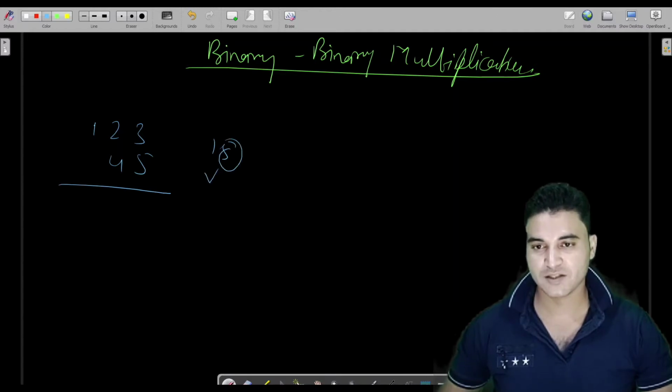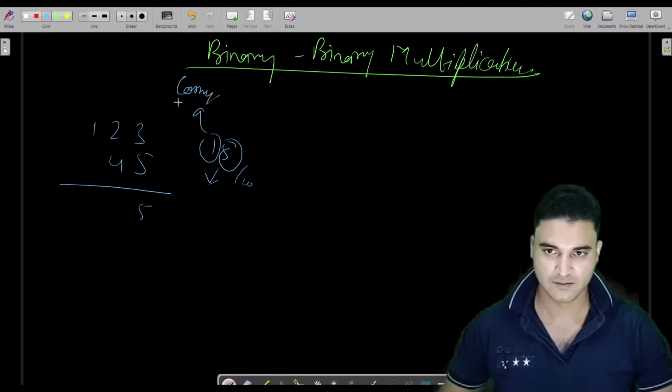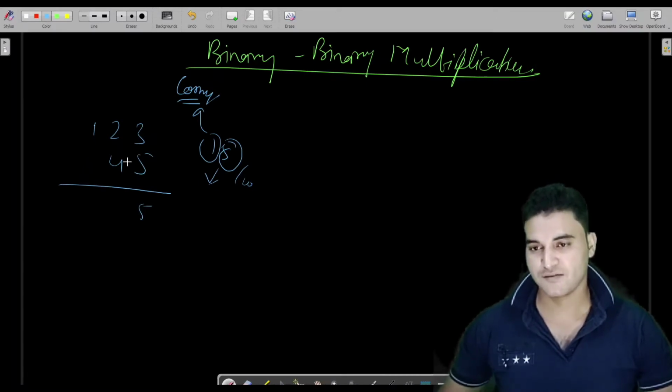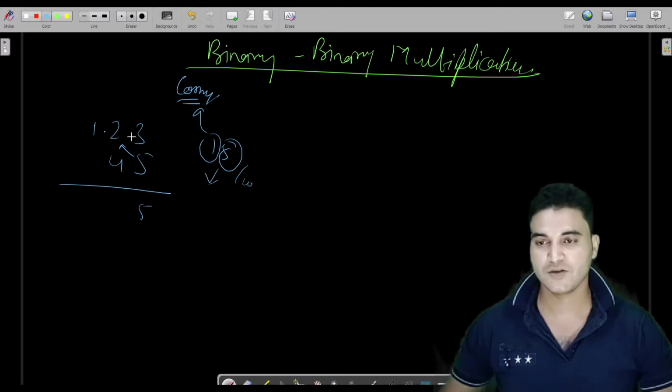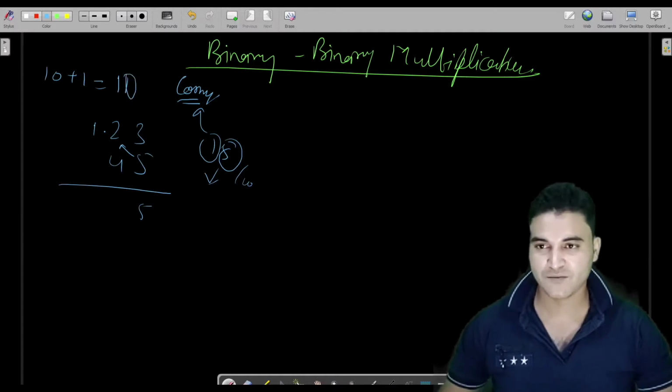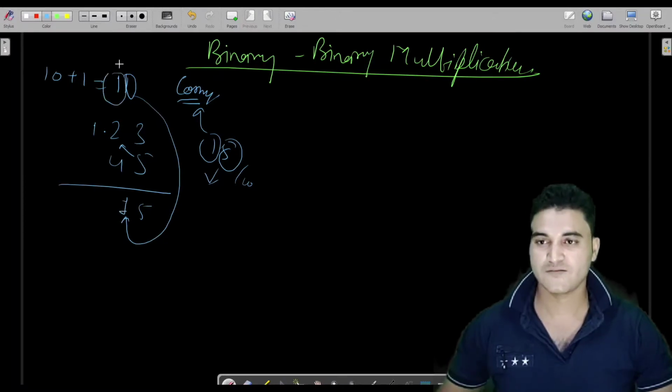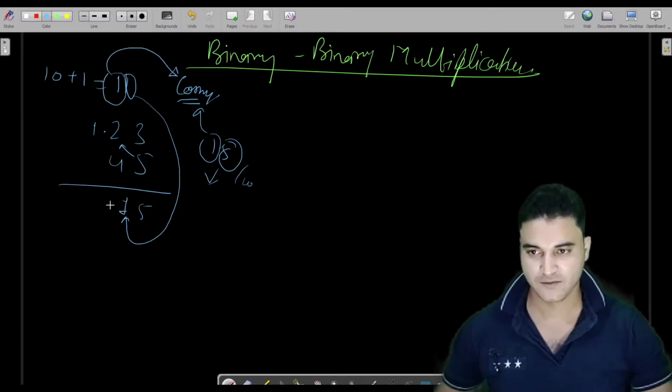We used to pick the remainder of 15 by 10, which is 5, and keep the other digit as the carry. Again, if you are still confused, 5 into 2 is 10, 10 plus carry 1 is 11. This digit would be written here, and the 1 would go into the carry.